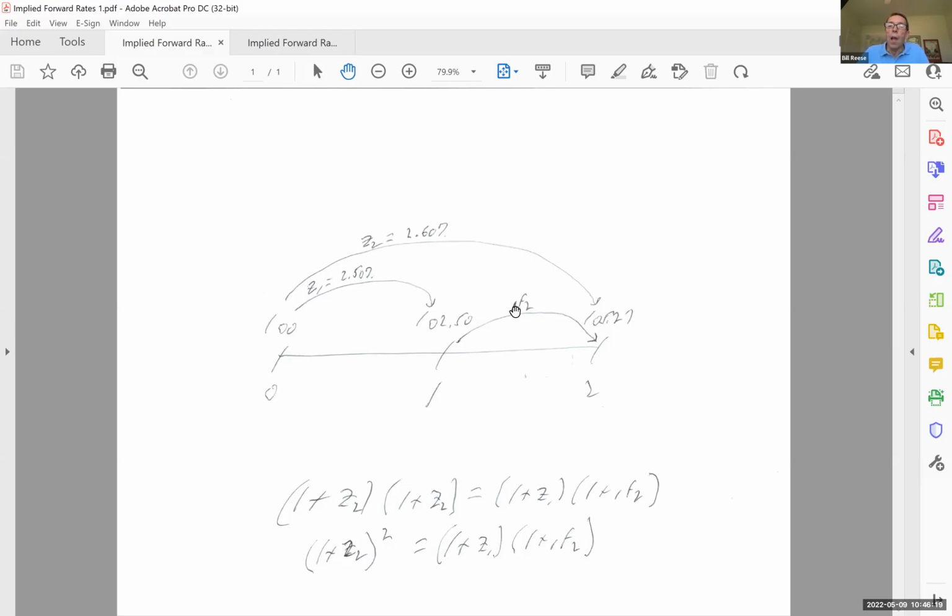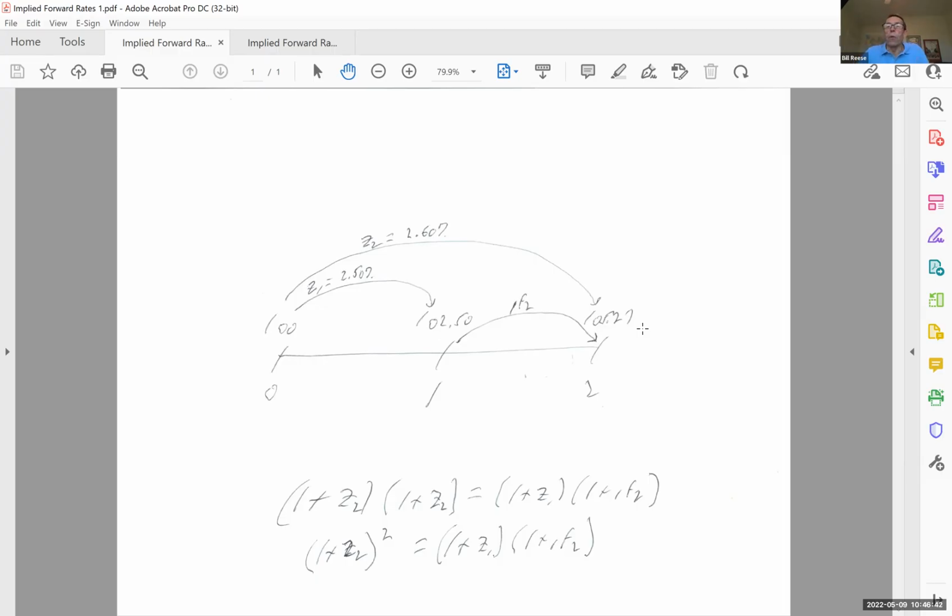Let me say that again. 1F2 is the implied forward 6-month rate, because that's a 6-month rate going from 1 to 2, 6 months from now, because we're standing here at time 0. 6 months from now means we start at 1. So starting at 1, going to time 2 is the implied forward 6-month rate 6 months from now.